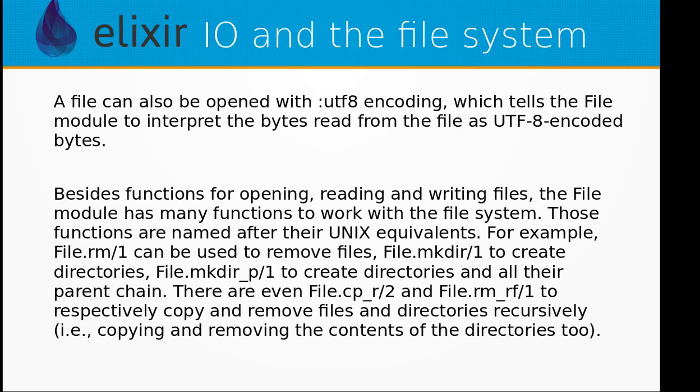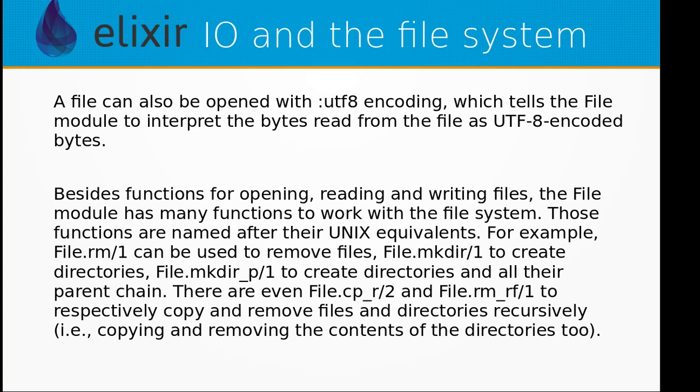A file can be opened with UTF encoding, which tells the File module to interpret the bytes read from the file as UTF-8 encoded bytes. Besides functions for opening, reading and writing files, the File module has many functions to work with the file system. Those functions are named after their Unix equivalents.